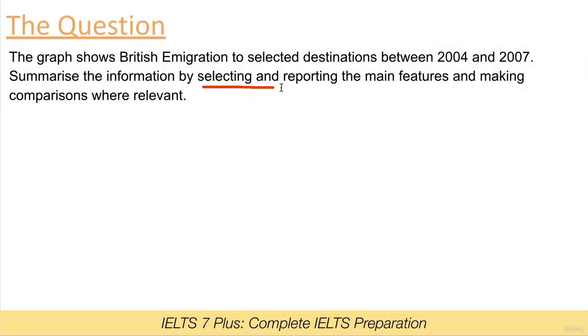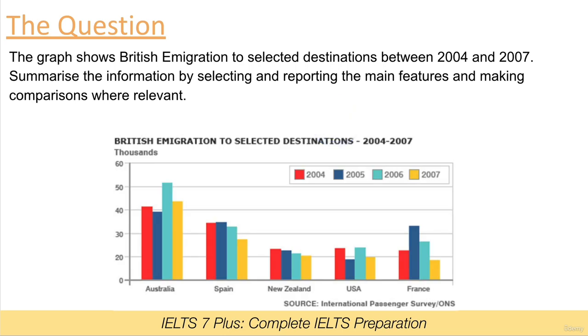Right, so we've got the same task, selecting and reporting the main features and making comparisons where relevant. Not all the time, just when they're particularly important. Okay, let's have a look at this data. Right, okay, so we've got countries on the x-axis. We've got Australia, Spain, New Zealand, USA and France. We've got the key to the years here and the different colours.